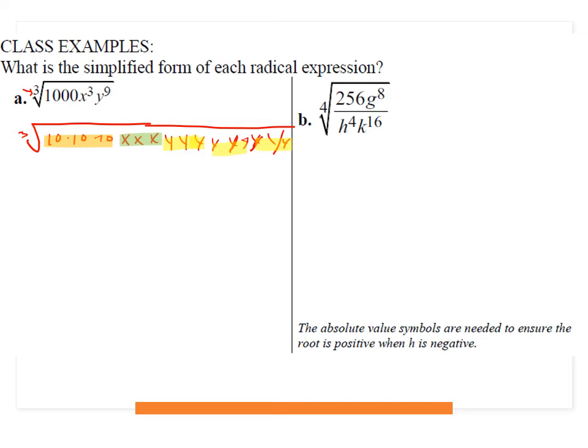So now, for every group I have, they get to go out. So I have one group of 10, so they get to go out. I have one group of x, and I have 3 groups of y. So the cube root of this expression would be 10xy cubed.